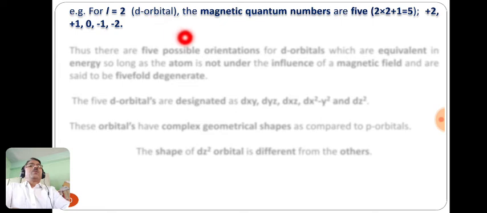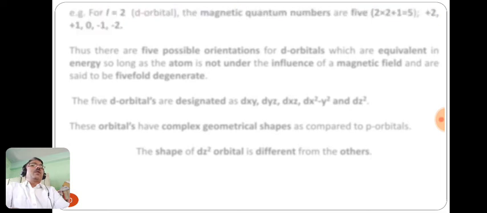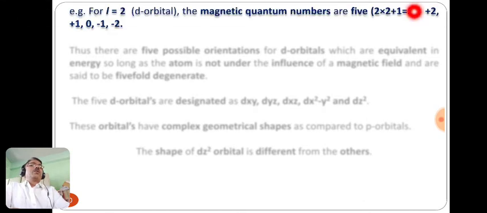So 2 into 2 is 4, plus 1, that is 5. And these 5 values lie in the range of plus L to minus L through 0: plus 2, plus 1, 0, minus 1 and minus 2. These are the 5 possible values of the magnetic quantum number for L equals 2.